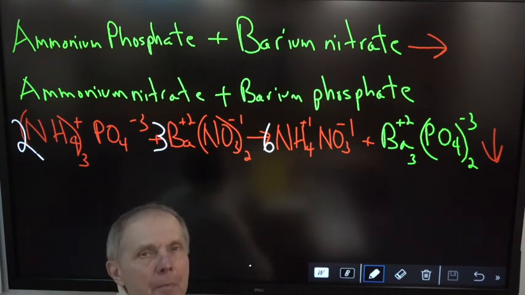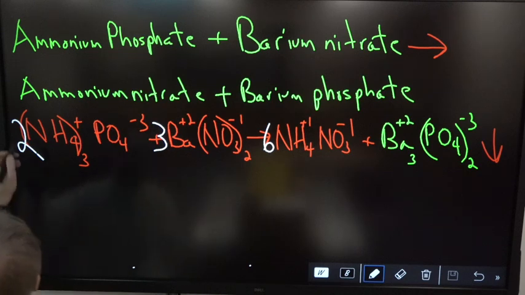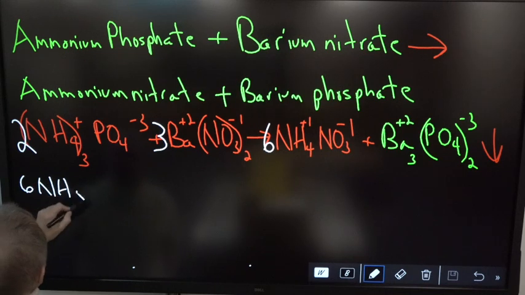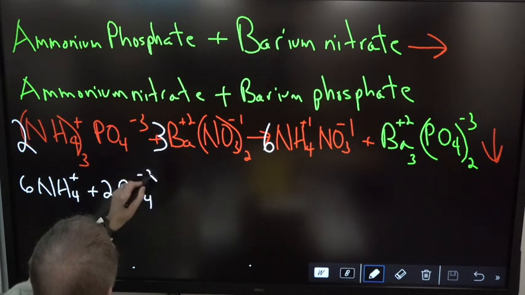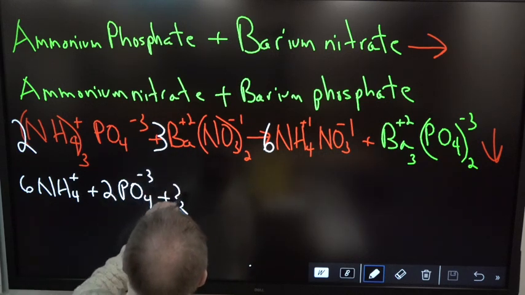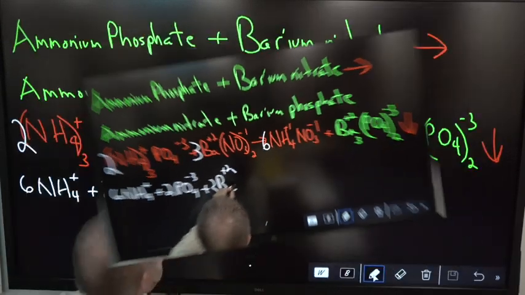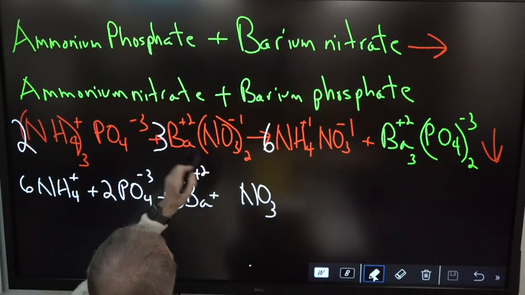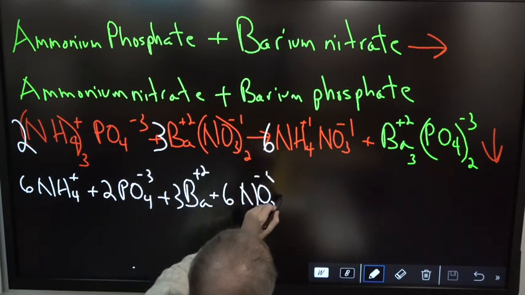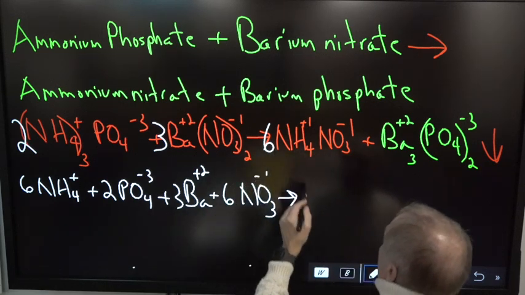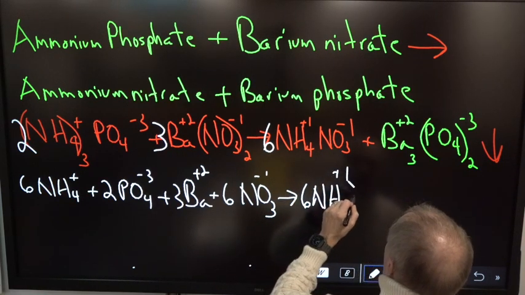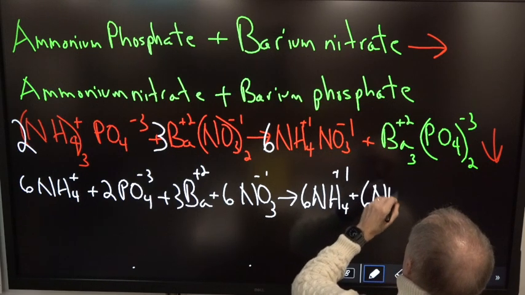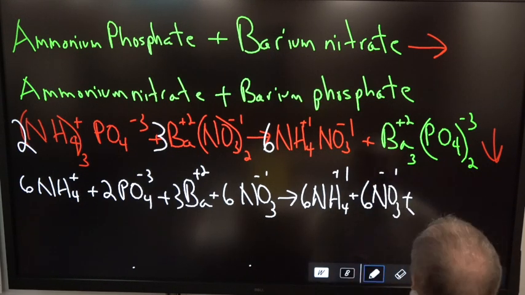Now we have to break it apart into ions. I have 6 ammoniums, 6 NH4 plus, 2 PO4 minus 3, plus 3 Ba plus 2, plus 6 NO3 minus 1s, yields 6 NH4 plus 1, plus 6 NO3 minus 1, plus the precipitate.